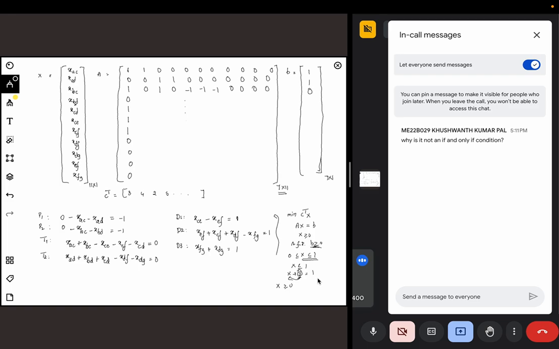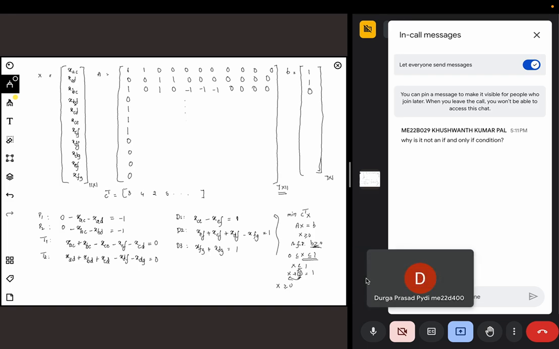What did they say in the solution? b has to be positive.